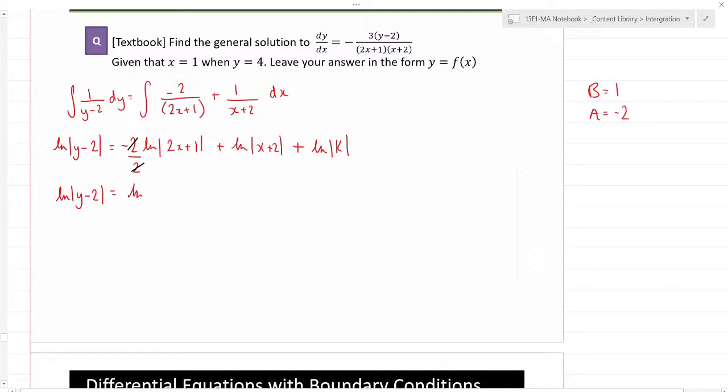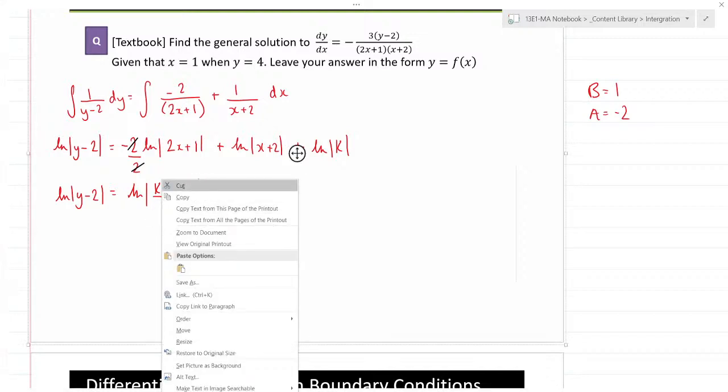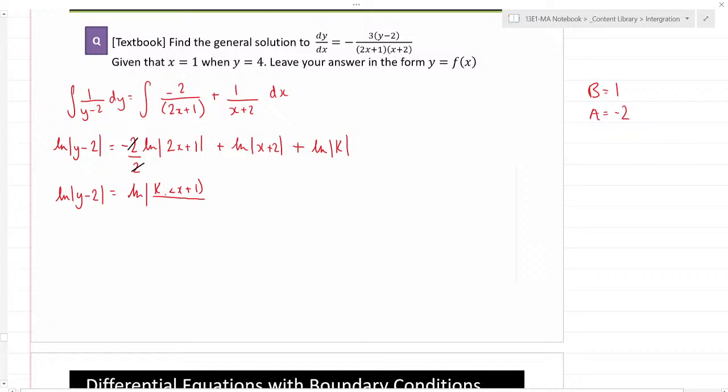So it's going to be ln mod of k times by x plus 2 all over 2x plus 1, like so. I did that the wrong way around at first.